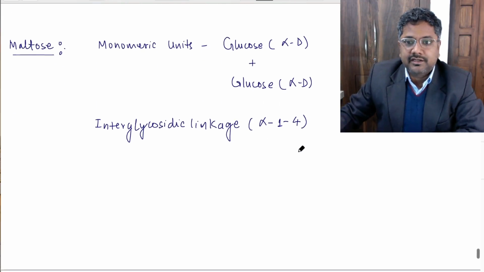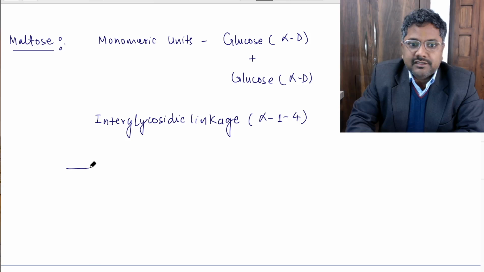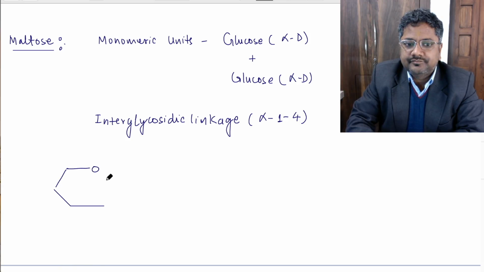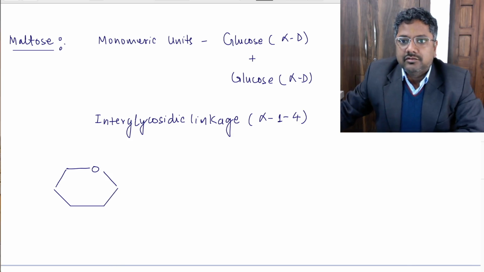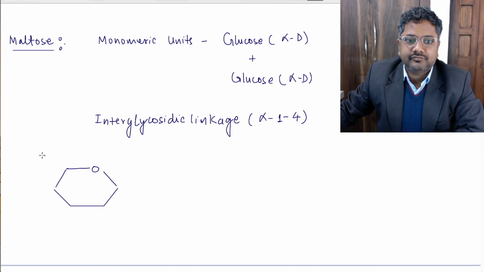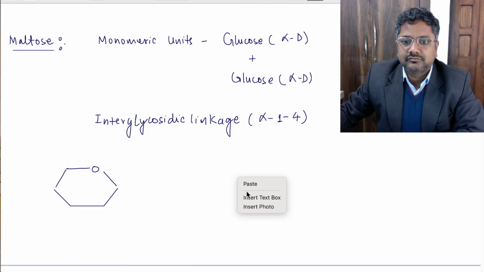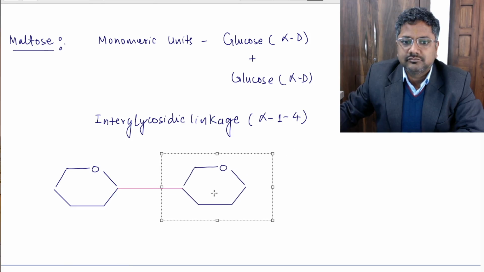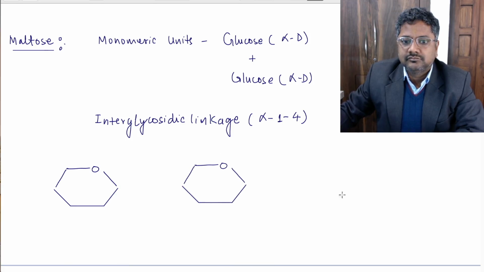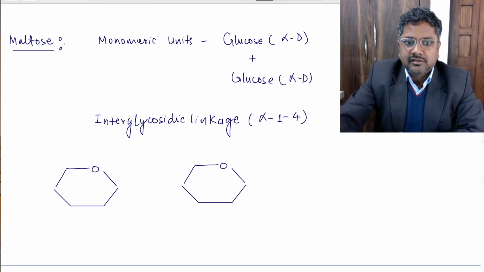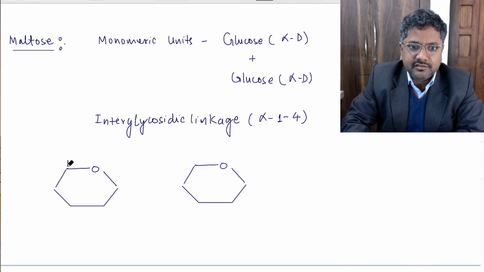So you can draw the structure like this. Now see, this is CH2OH.